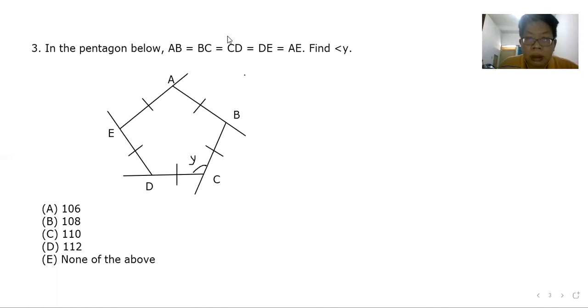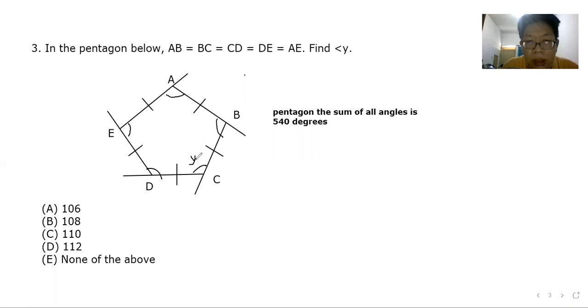We know that for the pentagon, the sum of all angles is 540 degrees. Because this is a regular pentagon, it has 5 angles, all the same.